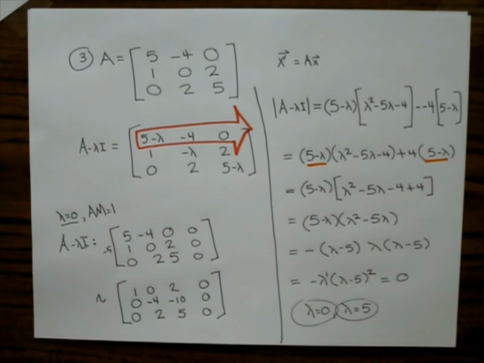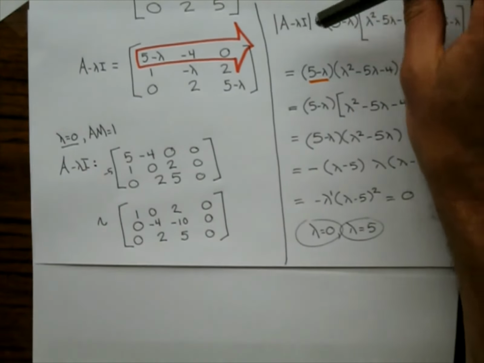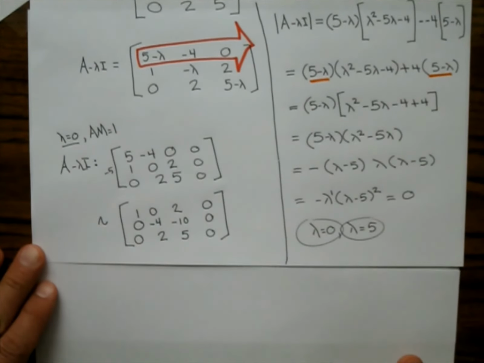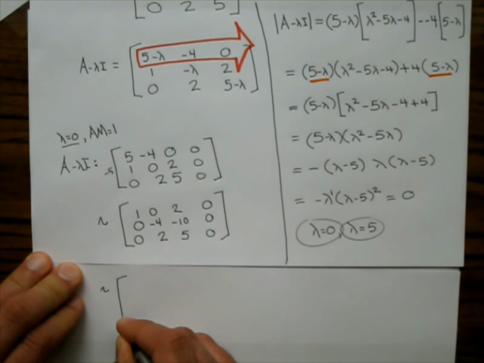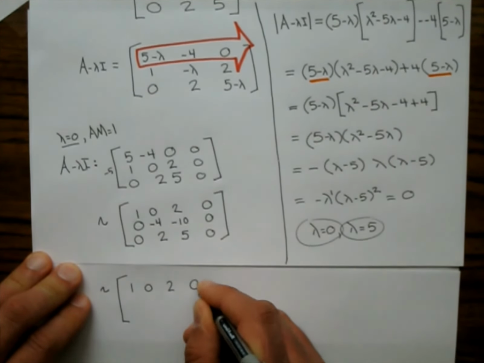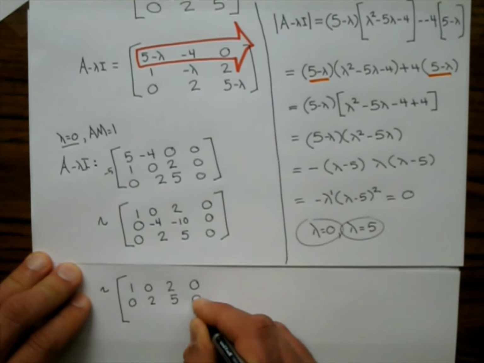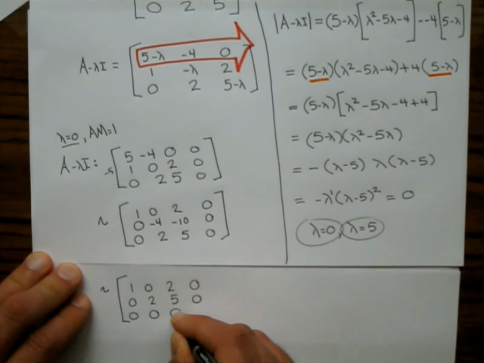Because I am dealing with eigenvalue eigenvectors, I know that one of the rows is going to 0 out. And you can see the last 2 rows are multiples of each other. So what I end up getting for this is 1, 0, 2, 0, 0, 2, 5, 0, and then all zeros.